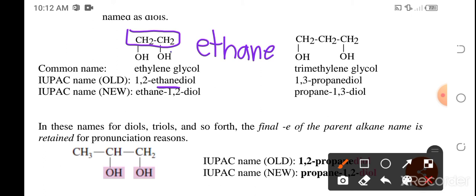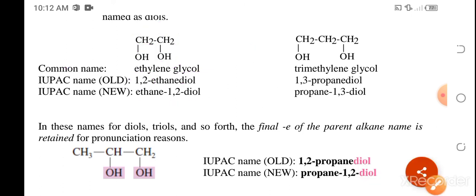If there are 2 hydroxyl groups, we are going to retain the E just to make it sound nicer. So ethane diol. And we are still going to denote the position of the hydroxyl groups. For this case, it is 1,2-ethane diol. It also has a common name, ethylene glycol. The synonym for 1,2-ethane diol is ethane-1,2-diol.